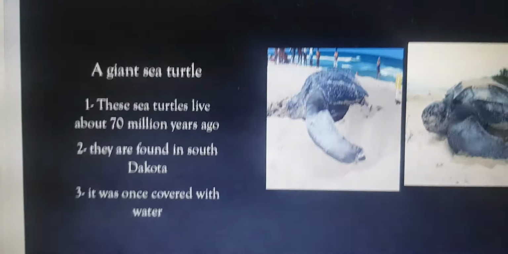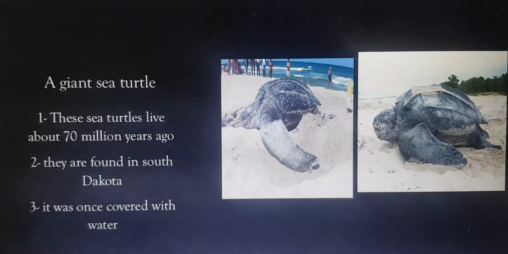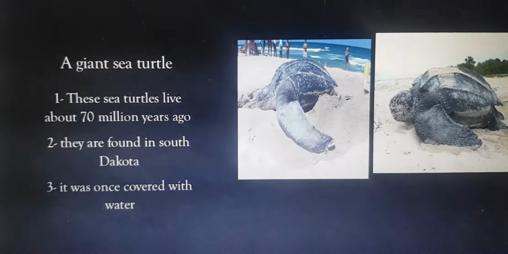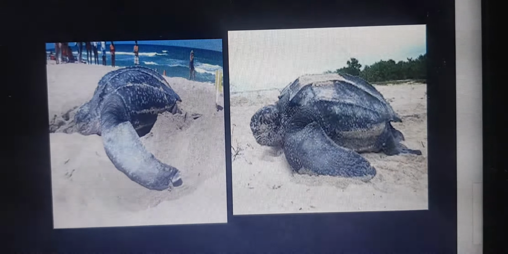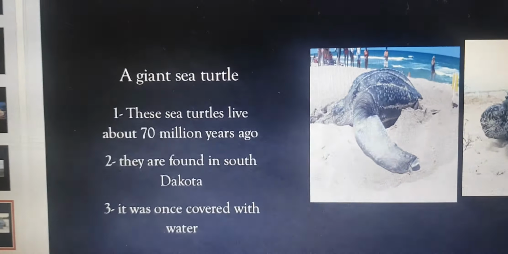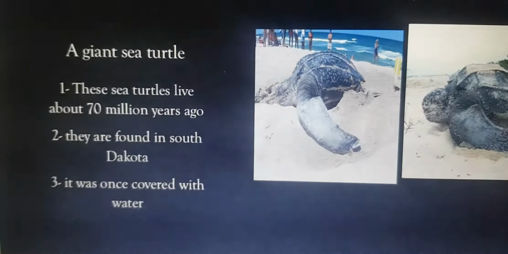So we have a giant sea turtle. It lived about 17 million years ago, and this is an extinct animal also, the giant sea turtle. The scientists found this turtle in South Dakota.